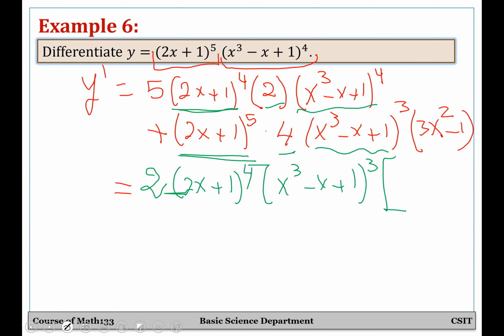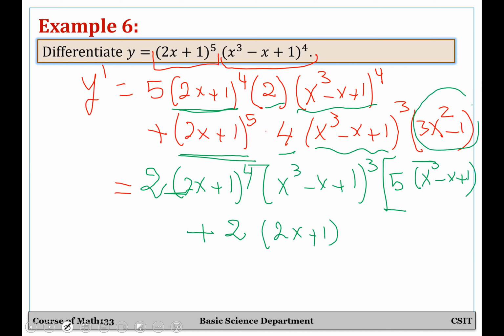So from the first part, I will have 5 times x cubed minus x plus 1. And plus, from the second one, 2 and times 2x plus 1. Don't forget this term, times 3x squared minus 1.